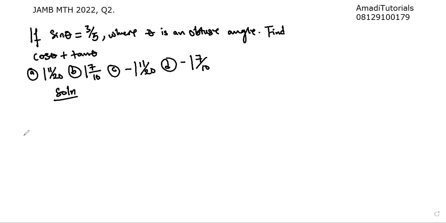So having been given sine theta to be 3 over 5, if you are to draw out that right angle that represents this, let me draw out the right angle.